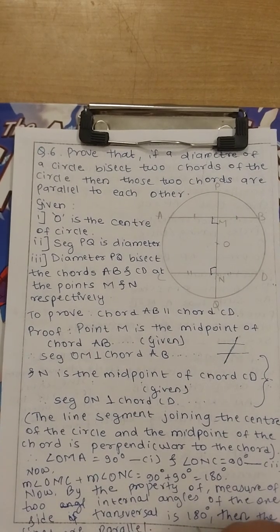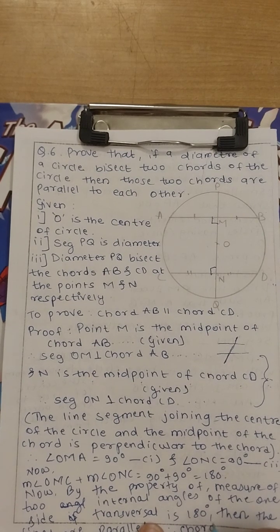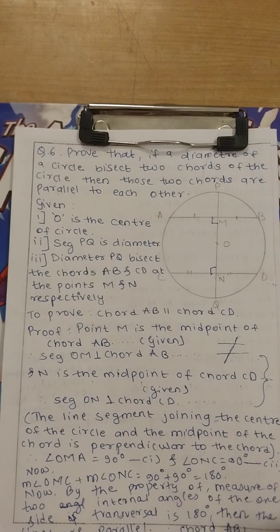Therefore, by using this property, we can say that chord AB is parallel to chord CD.